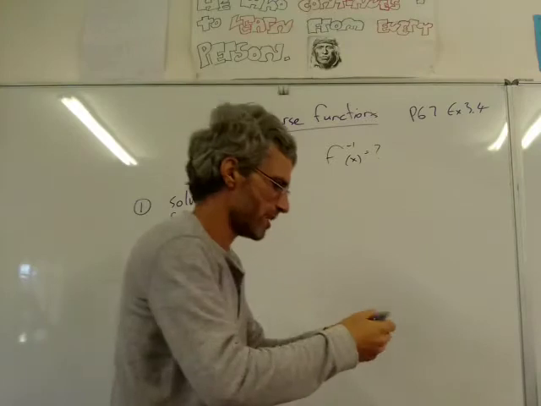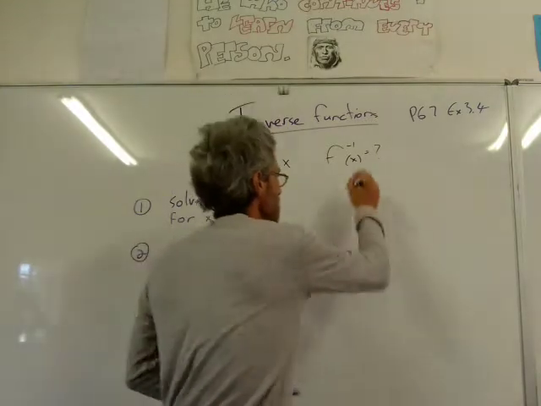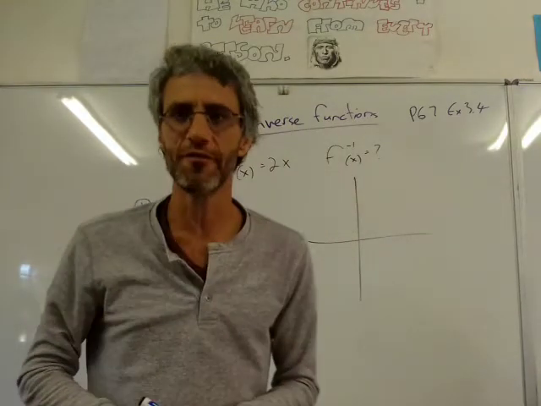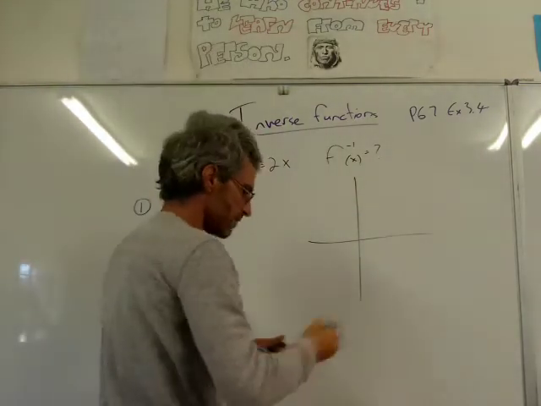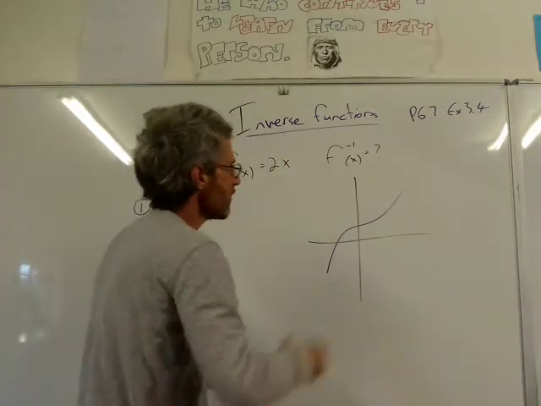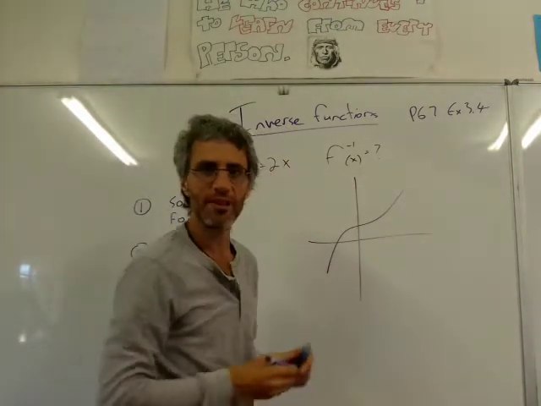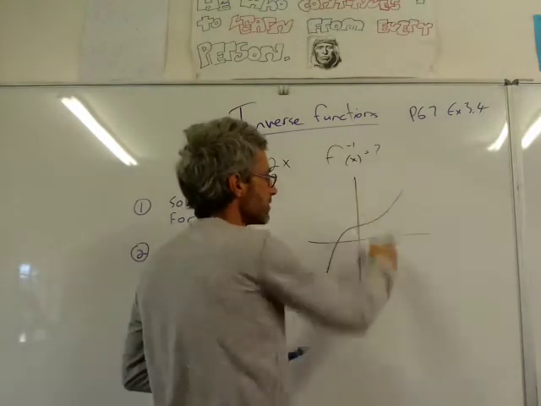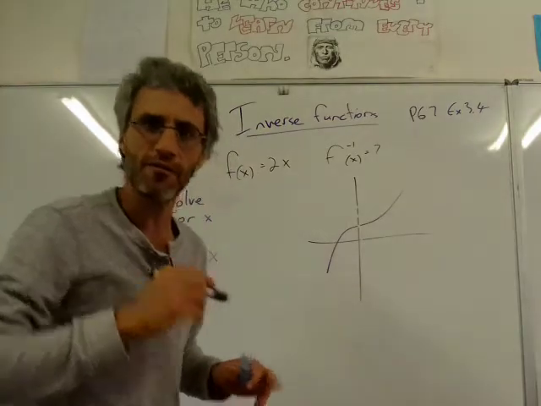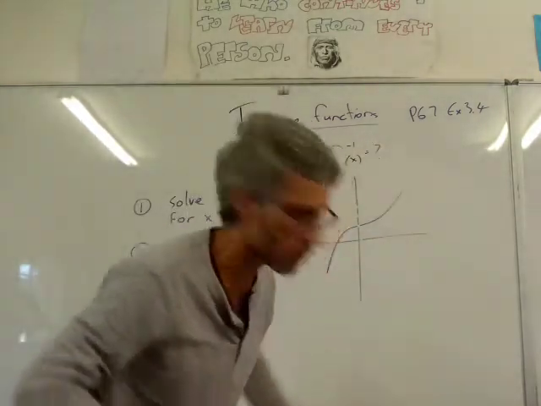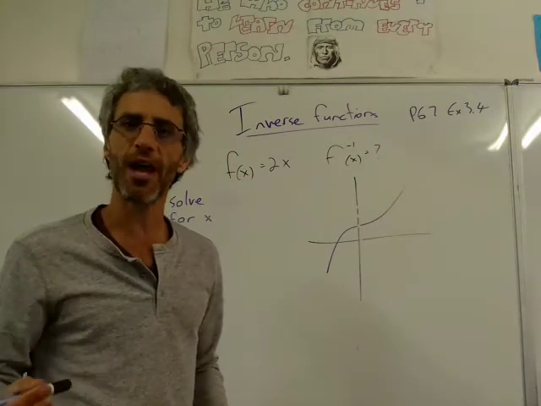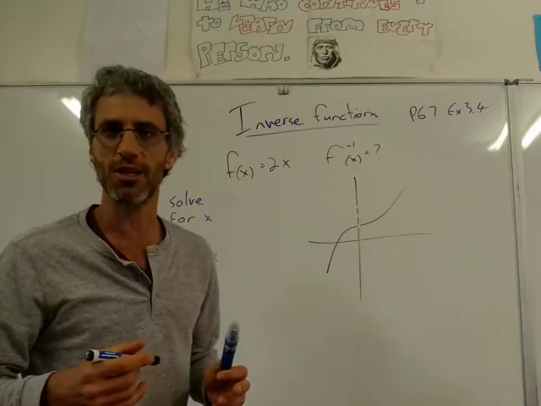Can we think about it graphically? How can we think about a one-to-one function? A one-to-one function will be something like this, where if you choose any one value of y, you go to the graph and cross it. If there's more than one x value, then it's not one-to-one.